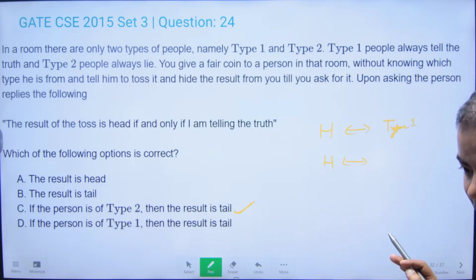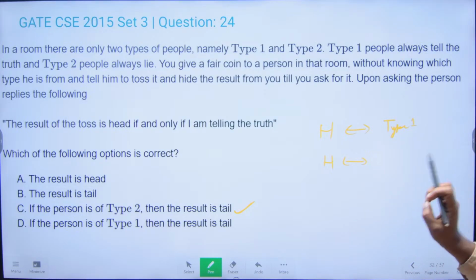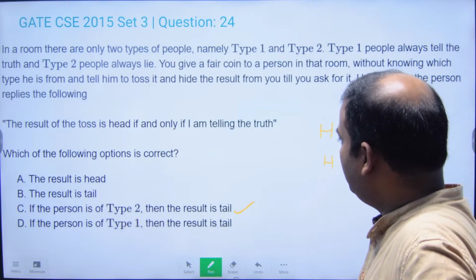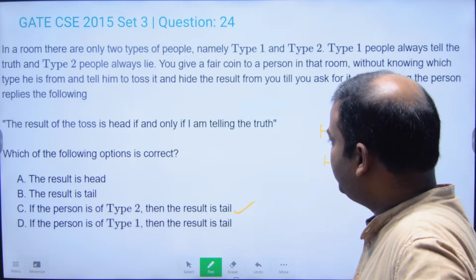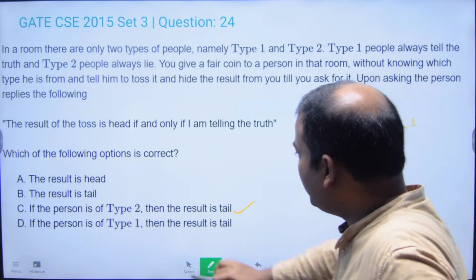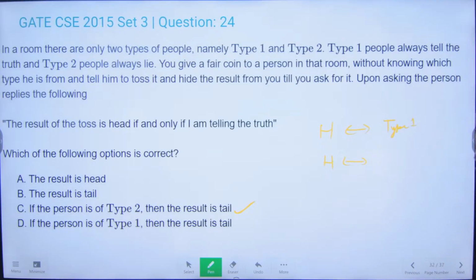That is definitely correct. But if the person is type 1, then you are not sure. It can be head also, it can be tail also. So you cannot say only one option is correct here. Clear?